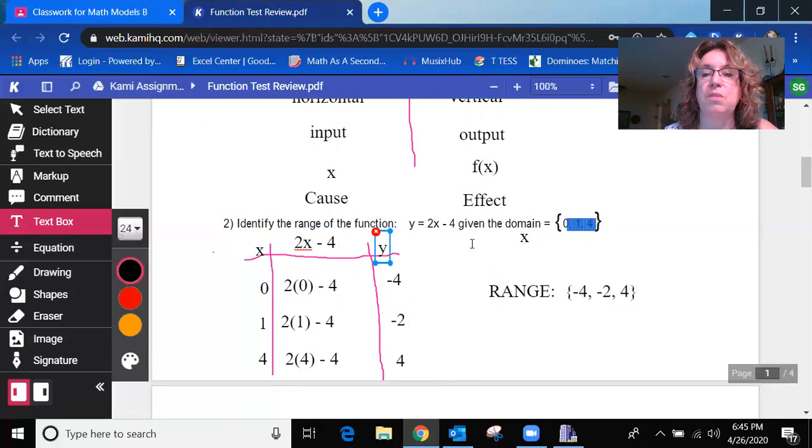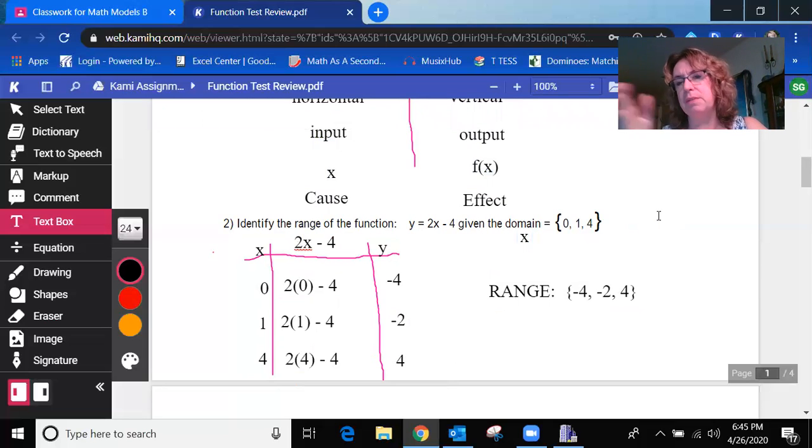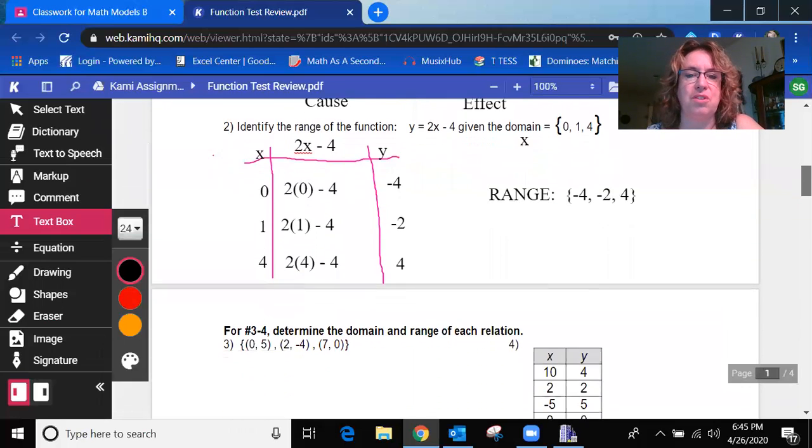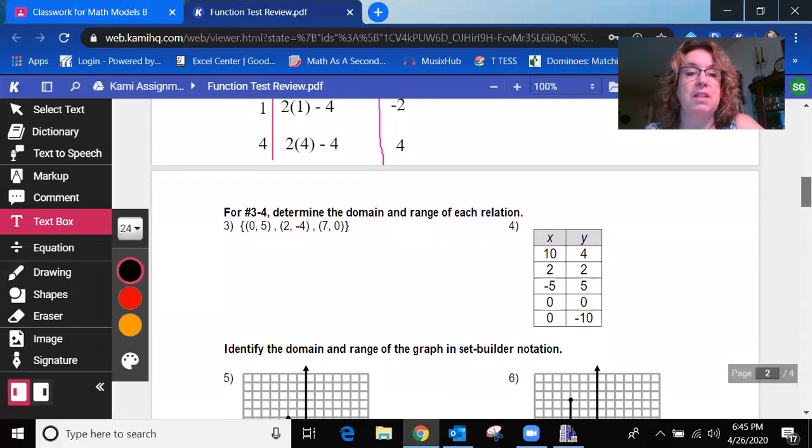You just take one at a time and do that. There's a way on a fancy calculator to type it in and put it in the table to do that. It's not going to save you a lot of time right now, especially since we don't have those handy. But this is just as quick. You're just going to have to take the 0, put it in, then the 1, and then the 4.